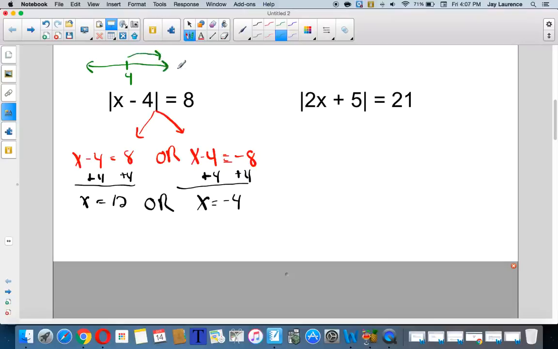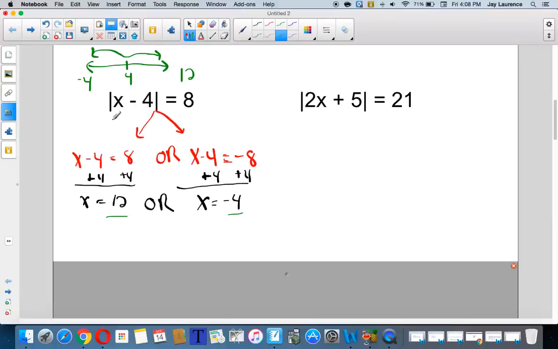What number do I hit? Well, 12, of course, right? And if I go 8 spaces in the negative direction, I'd hit negative 4, wouldn't I? And look, there are my two answers, 12 and negative 4. They're both 8 spaces away from the center. And the center is 4 in this case because x minus 4, 4 makes that 0.